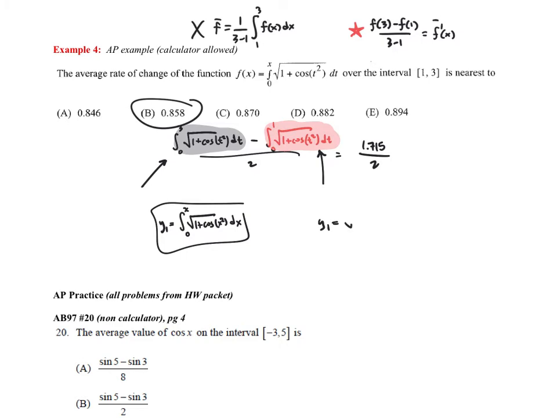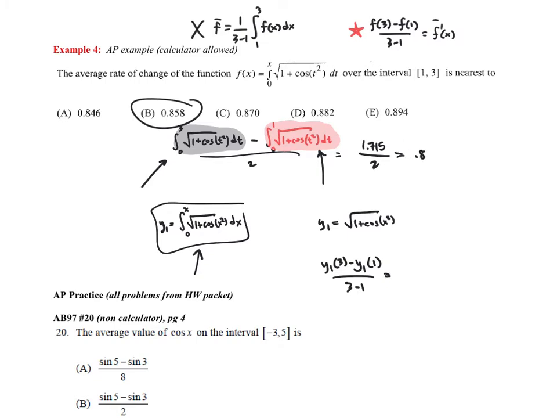You could have y1 be the square root of 1 plus cosine of x squared, and then go to your home screen, press math 9 twice, take the difference, and divide by 2. Or you could do this, and then on your home screen just do y1 of 3 minus y1 of 1, over 3 minus 1. Both of those are acceptable, and you'd get the same answer.